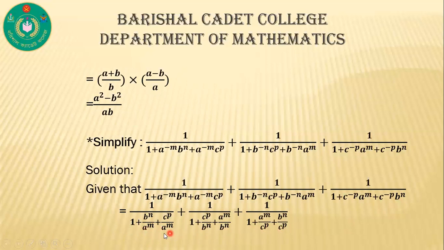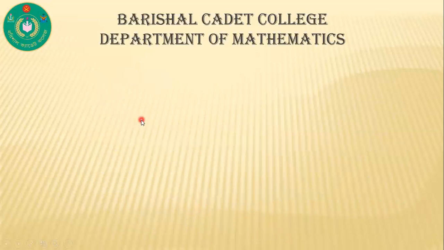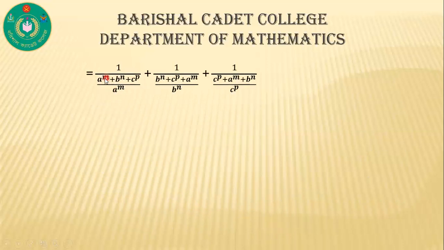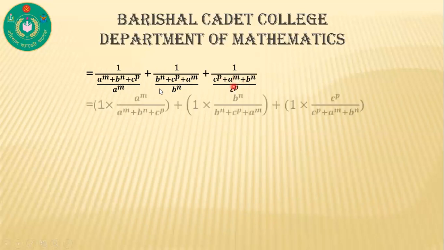Here for a^m, we can write a^m + b^n + c^p; for b^n, b^n + c^p + a^m; and here c^p + a^m + b^n. That's why we can write (a^m + b^n + c^p)/b^n, and (b^n + c^p + a^m)/(c^p + a^m + b^n).